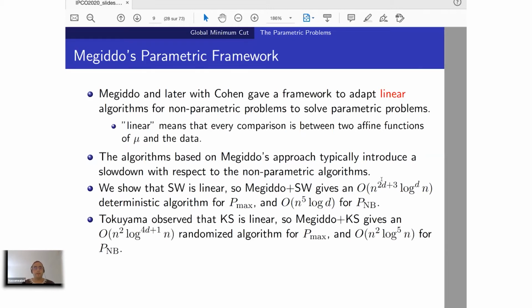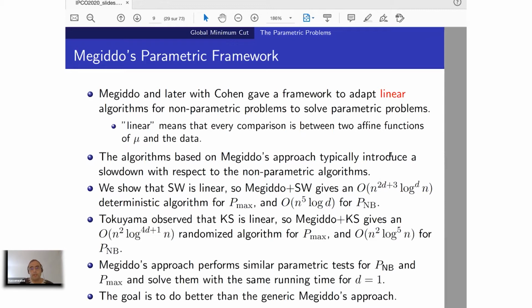Tokuyama, in another paper, observed that the Karger-Stein algorithm is linear. So again, by combining it with the Megiddo trick, he obtained a strongly polynomial time randomized algorithm to solve these two problems.